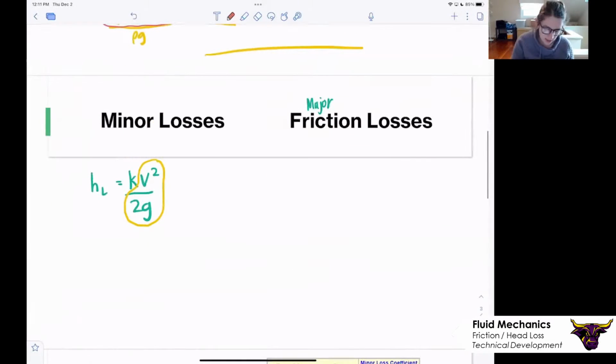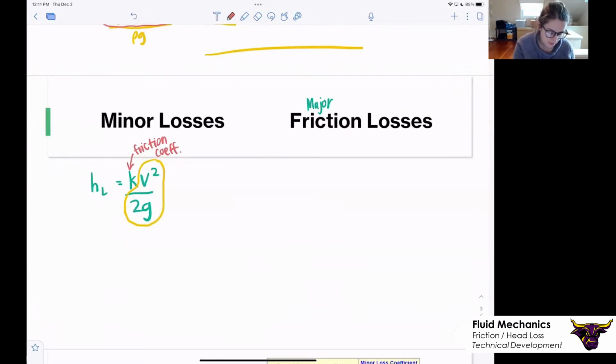So if we look at this equation for minor losses, K is just simply a friction coefficient. And whatever that number is, it can be below 1 or it can be above 1. So we are losing a certain amount of velocity heads based on that friction.